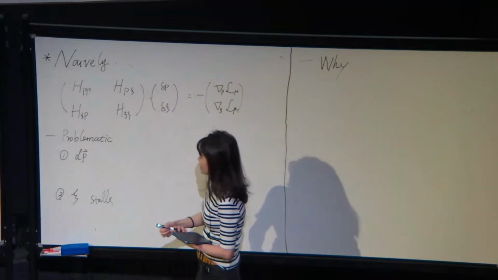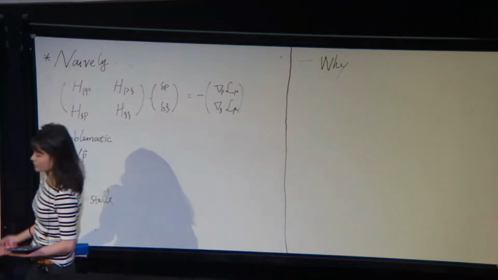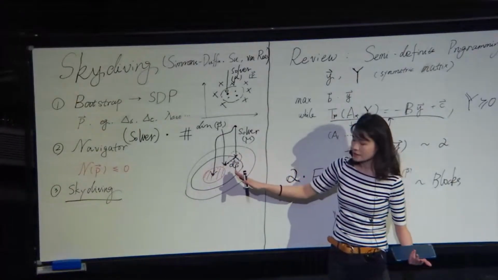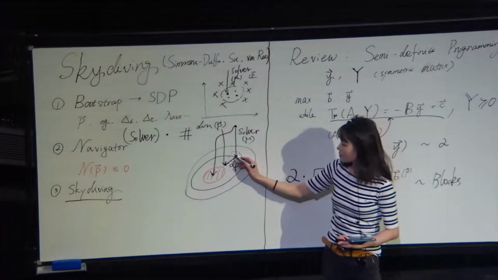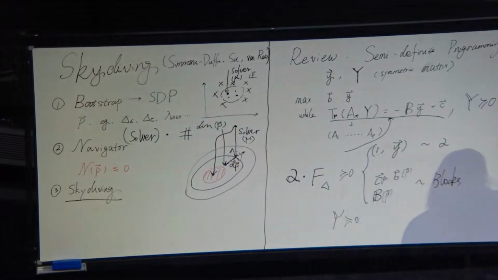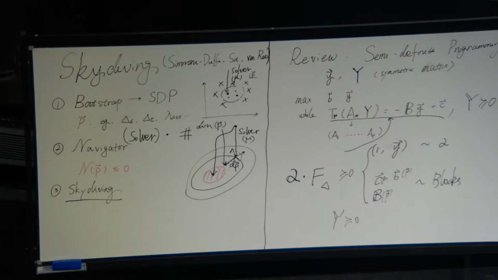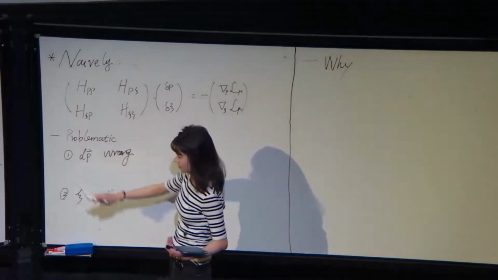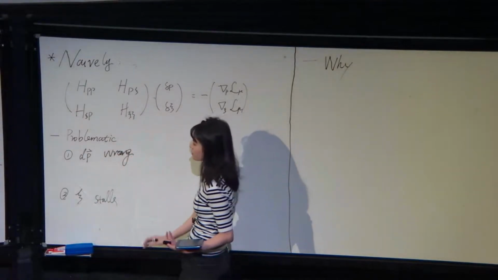When we were testing the new method on a model we know, like the 3D Ising, we know where the island is, and we were here, and dp just goes in directions that don't make sense. We really wanted to go somewhere, but it didn't. So what went wrong there, and how could we get it under control again? The first problem is that we get wrong dp's. It's not making progress toward our final goal.